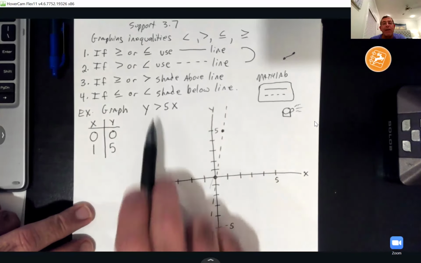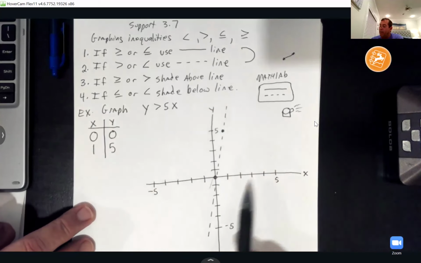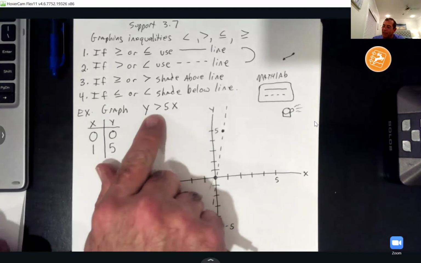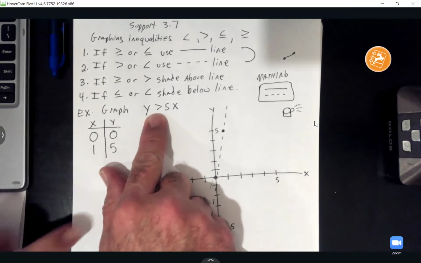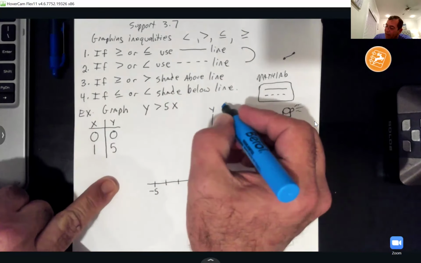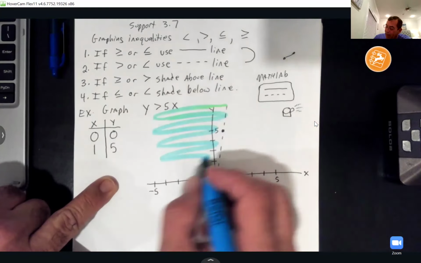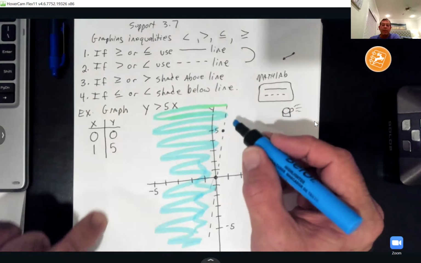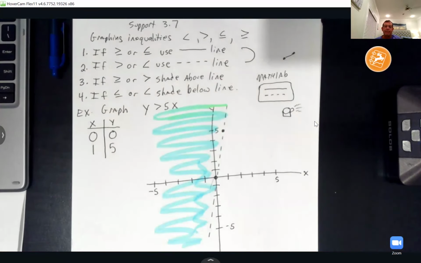Based off this graph, am I going to shade this thing above or below? So y'all, that's a greater than. Above. Because it says right here, greater than, shade above. So in MathLab, you would bring your paint can over here, and it's going to shade everything to the top of that line there.